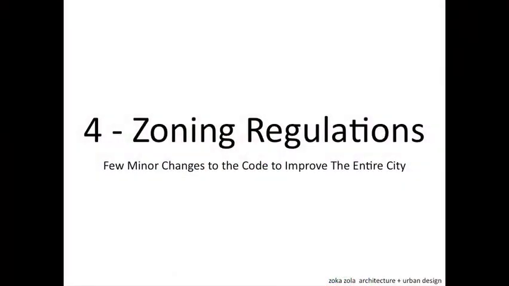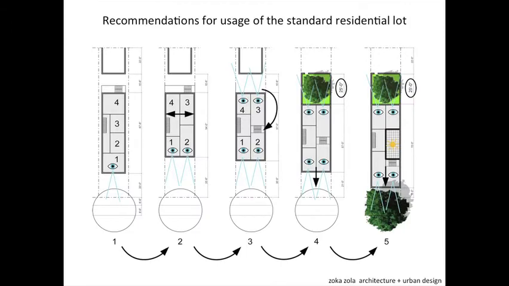Then this is a totally self-initiated project. I had an idea that only about 6 changes to the zoning code need to be made in Chicago. Only a couple of words exchanged here or there. So we did this project without being commissioned, just to provoke the argument.